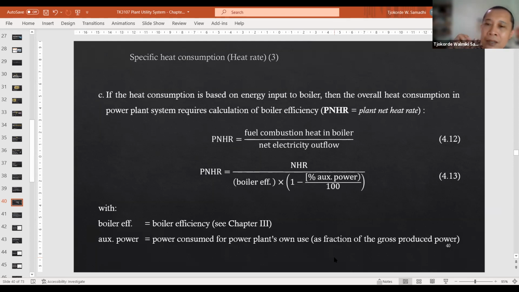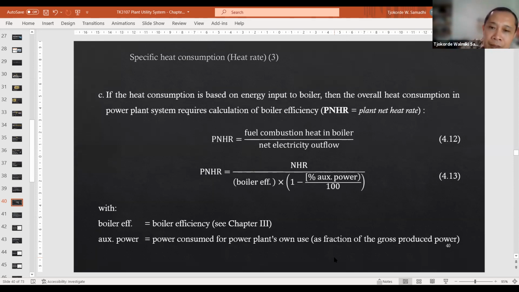Another example is facilities like the Paiton power plant or the Karawang power plant, any power plant that burns coal or hydrocarbon fuel. Any remaining electric power that is not consumed by their own needs gets exported to PLN's grid.